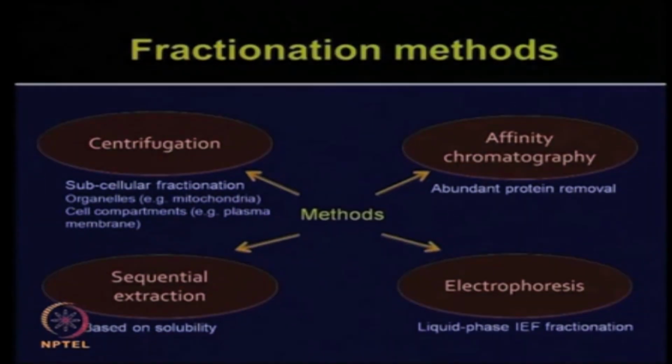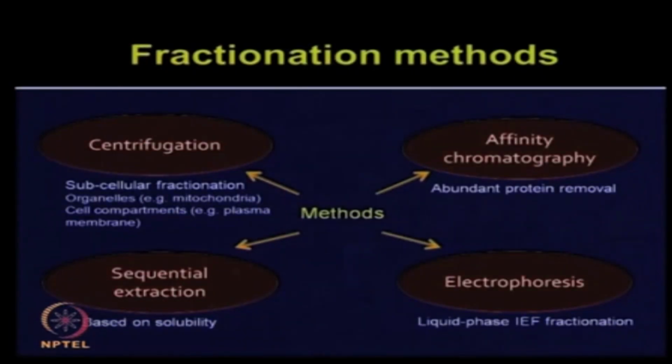If you are interested in looking at all the serum proteins, but certain proteins are highly abundant in the serum, such as serum albumin, then by using affinity chromatography methods, one can remove those highly abundant proteins, so that all the proteins in that given mixture can be well resolved. Affinity chromatography methods can be used for fractionation in different contexts.